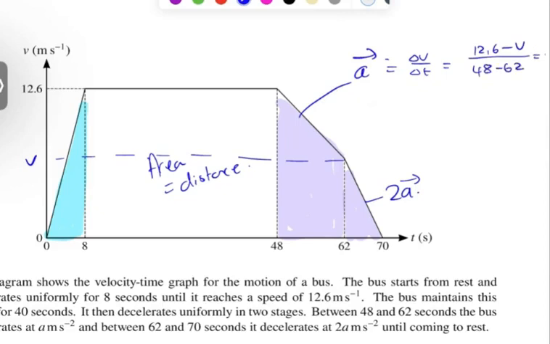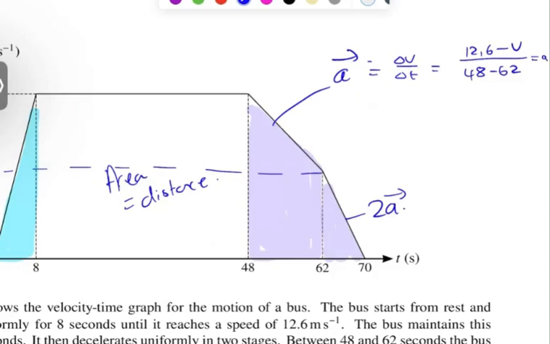And I know that is equal to A. Okay, so I can actually work out what my V, no, I've got 2 unknowns. That's fine. Let's just simplify this. 12.6 minus V divided by minus 14 is equal to A. If I was to simplify this, I think I'm going to be doing simultaneous equations. That's what I'm starting to see. This is minus 14A.